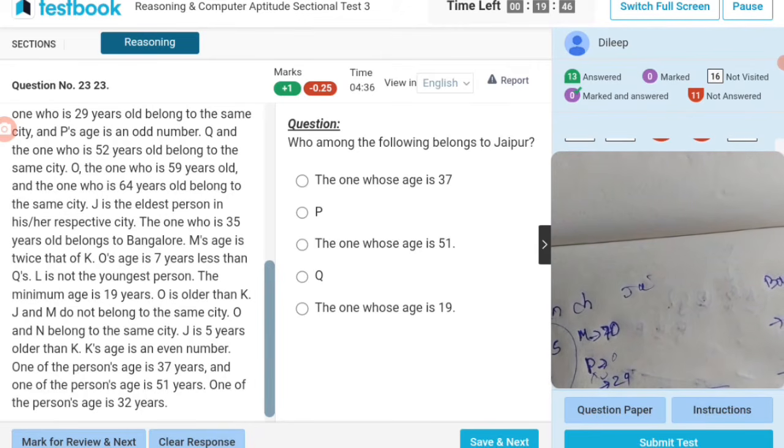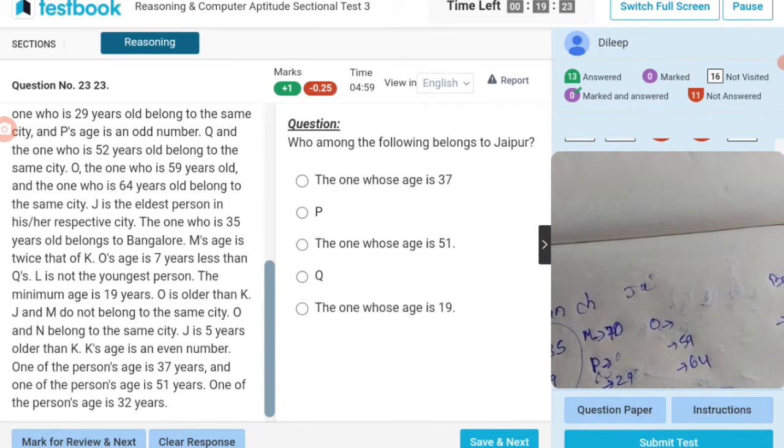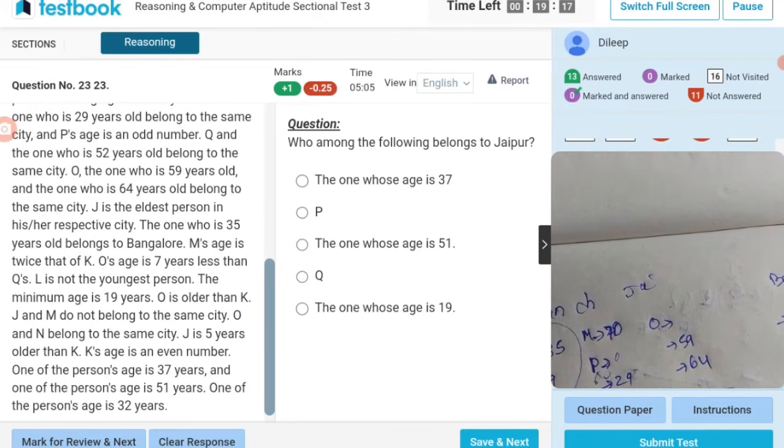Next, Q and the one who is 59 years old, 52 years old. So O, the one who is 59 years old and the one who is 64. So O, 59 and 64.